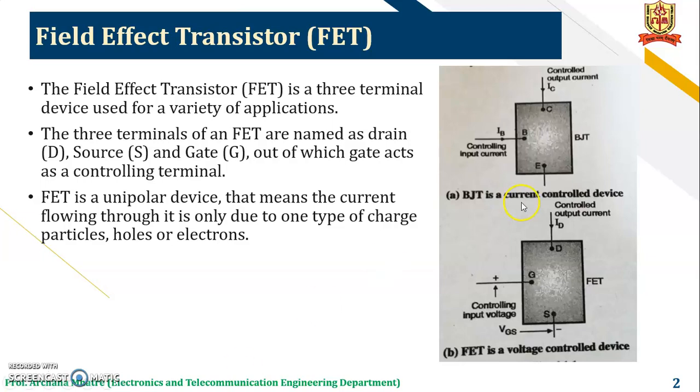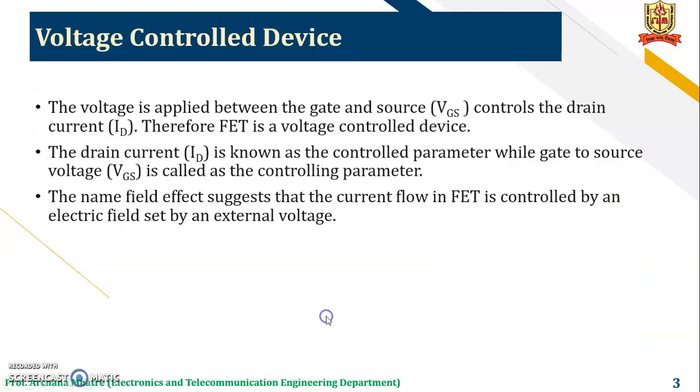Now here you can see the difference between BJT and FET. BJT is a current control device, FET is a voltage control device. The terminals of BJT are collector, base, emitter, while the terminals of FET are drain, source and gate. So here the controlling terminal is the gate voltage for FET. So it is a voltage control device.